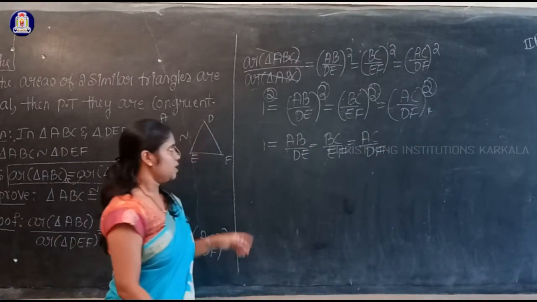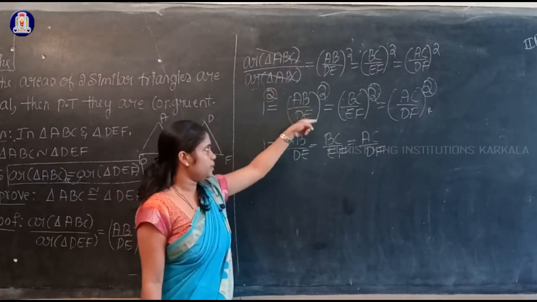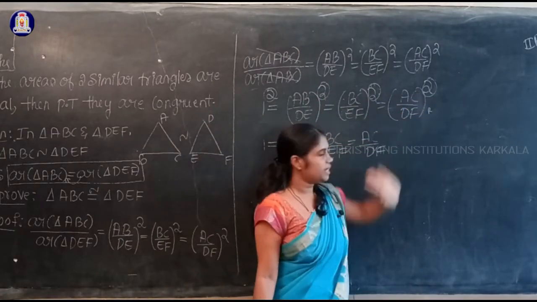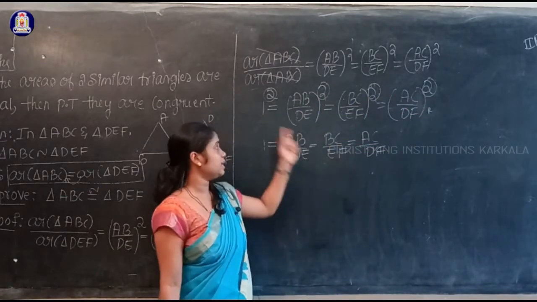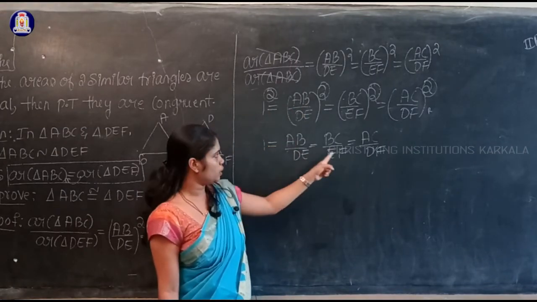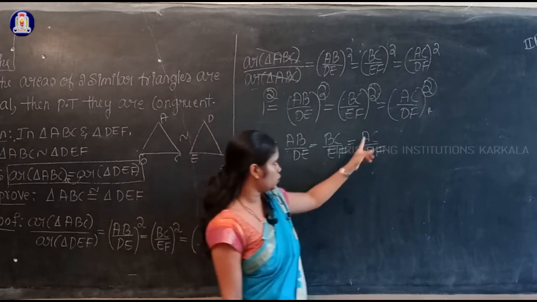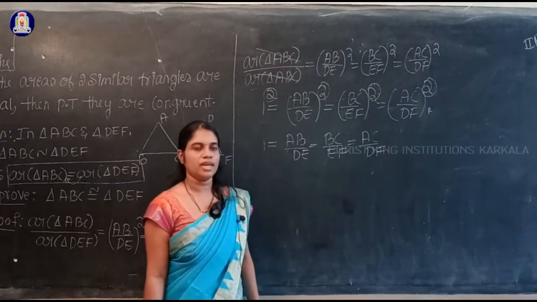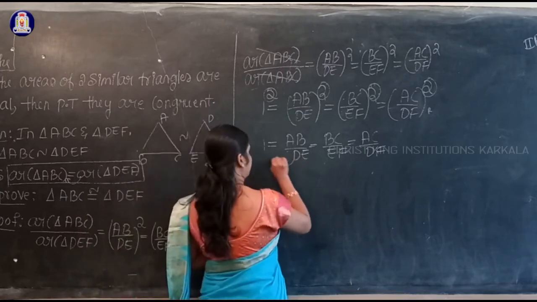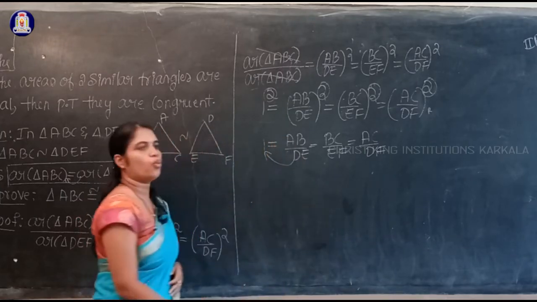See here, if 1 square equal to AB by DE square equal to BC by EF square equal to AC by DF square, so therefore I can write 1 is equal to AB by DE is equal to BC by EF is equal to AC by DF. Yes. So now first equate AB by DE equal to 1.